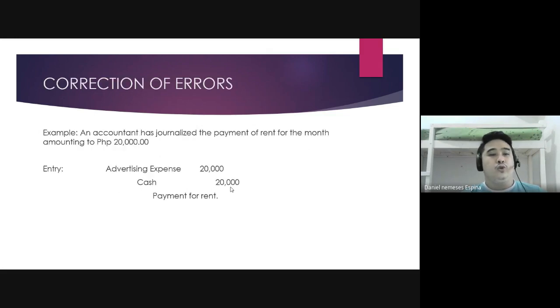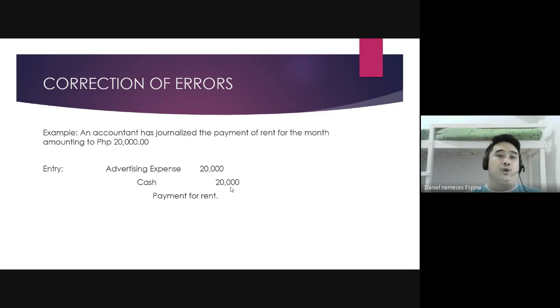Okay, now let's go to the correction of errors. So accountants are also humans, so even though accounting is their specialty, there are still cases that an accountant will not be able to do the right journal entries. Okay, so dili uso sa accounting ang magsigig erase or magsigig cash out every time nga masayop siya because delikado na siya.